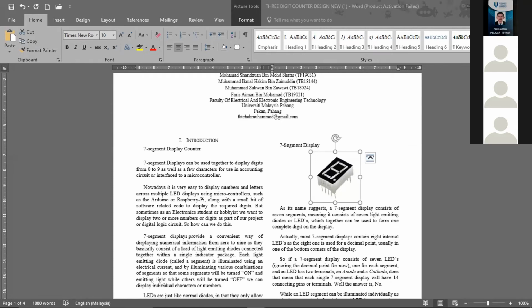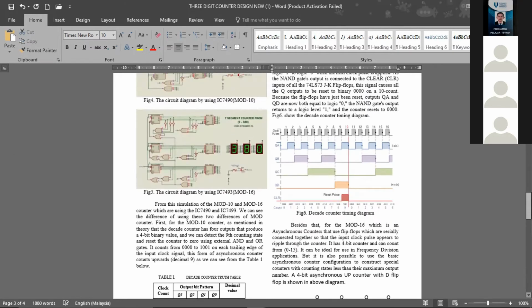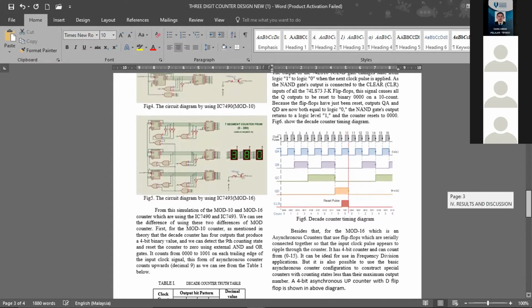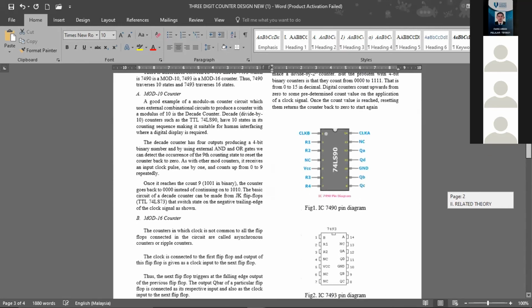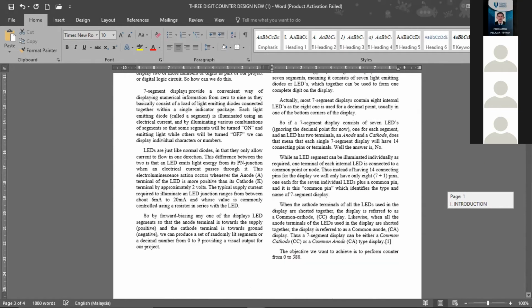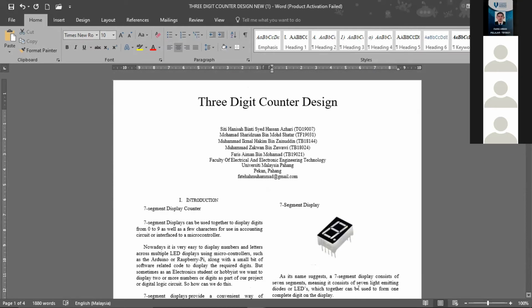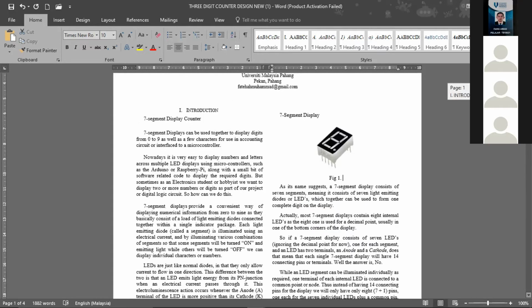This picture, Hanisah. I see. But you must change all the numbers. So I will type here Figure 1, the 7 segment display.